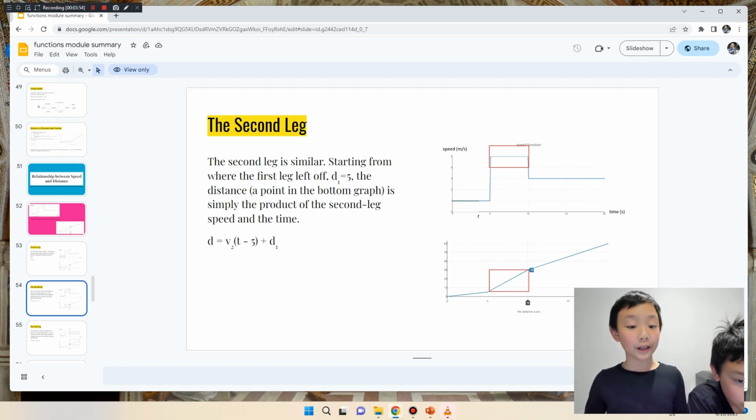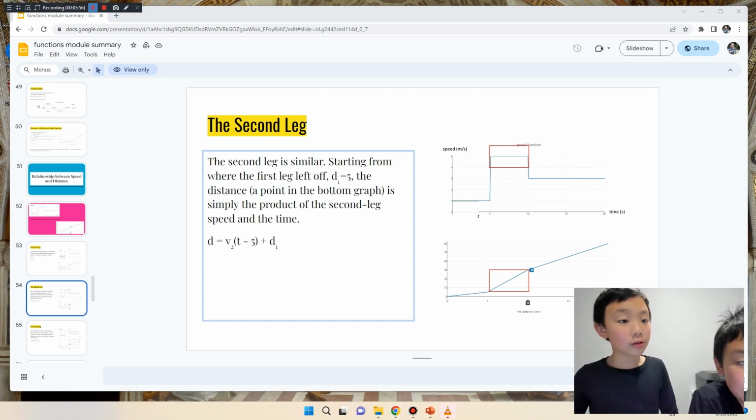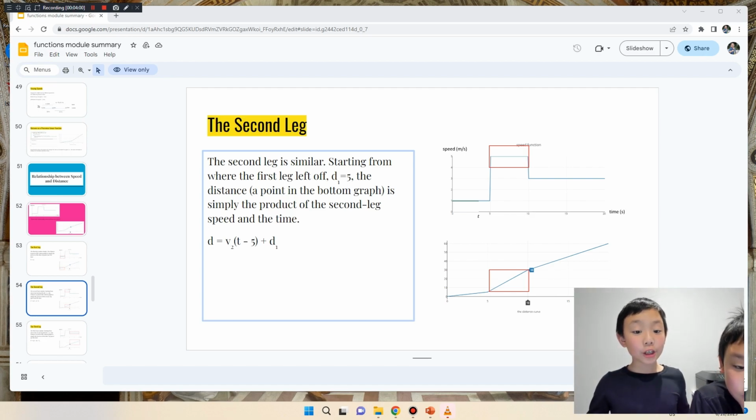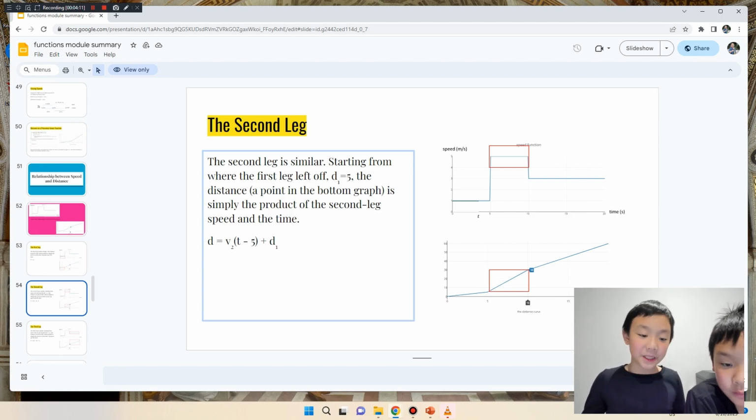Now for the second leg. The second leg is this thing right here. To compute the distance for the second leg, you do this equation: d equal to V2 times (t minus 5), plus distance 1. V2 is just a name, change it to anything you want.